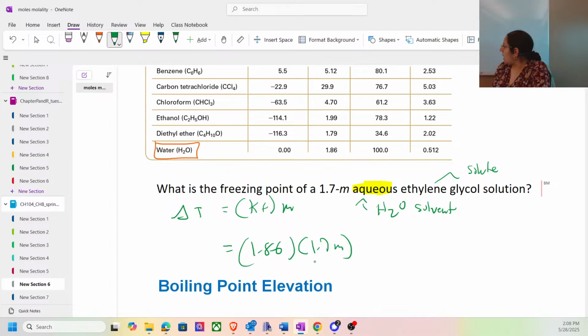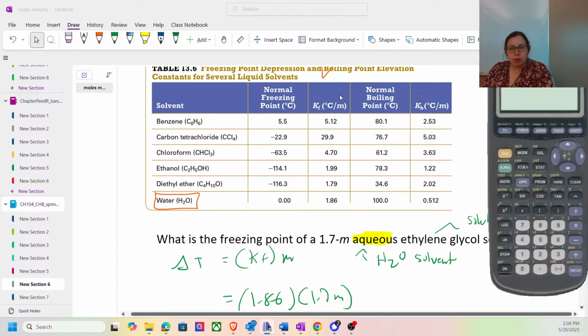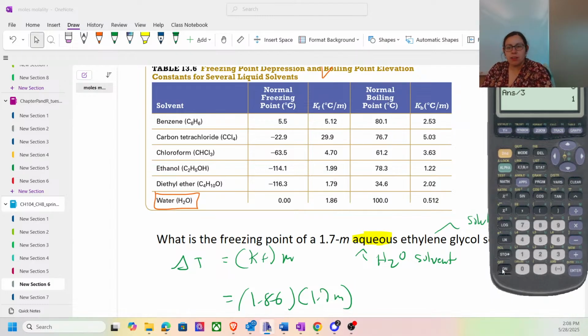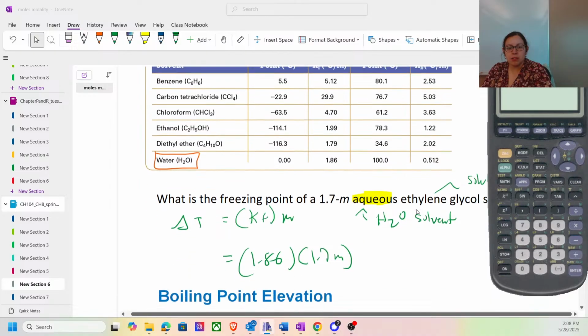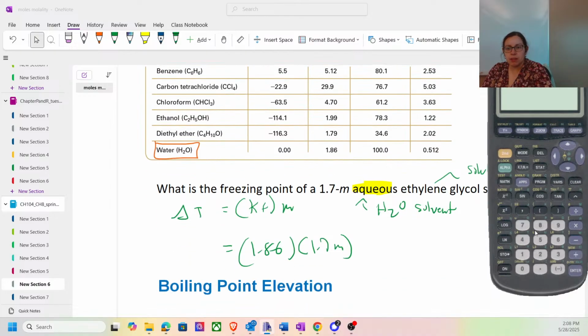We didn't have to calculate anything there. Once you multiply these two together, that gives you your degrees Celsius, which is how much it is lowered by.